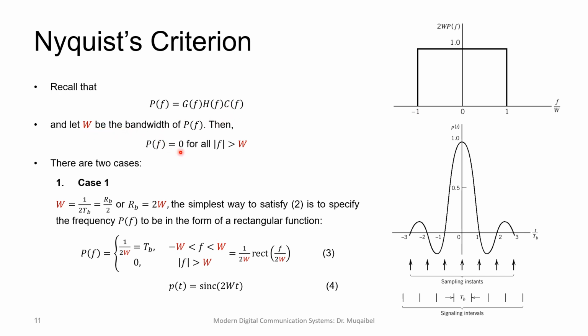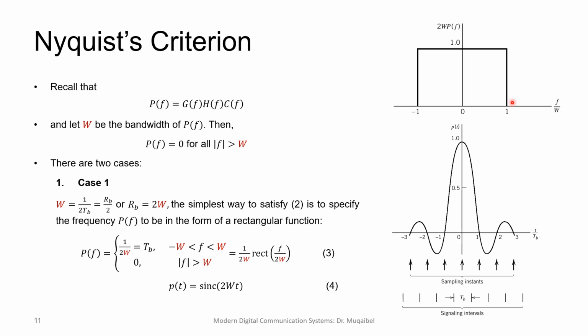Okay, so if this is the case, then we want P(f) to be 0 outside and 1 here in the middle. The question is, can we get 0 ISI? And the answer is yes. The simplest way to satisfy the condition is to use a rect function.